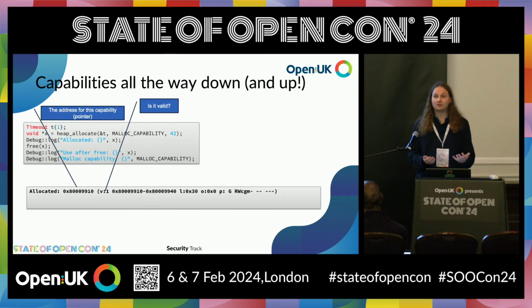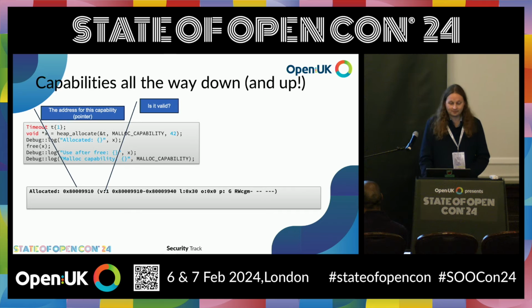So when you boot up, your system has a few capabilities in its registers that authorize access to everything. When we start the memory allocator running, it has a capability that authorizes access to the whole heap. When you allocate memory, it will give you back this constrained capability that authorizes access to a specific object, and not, importantly, access to the object header that contains the metadata that the allocator is using.